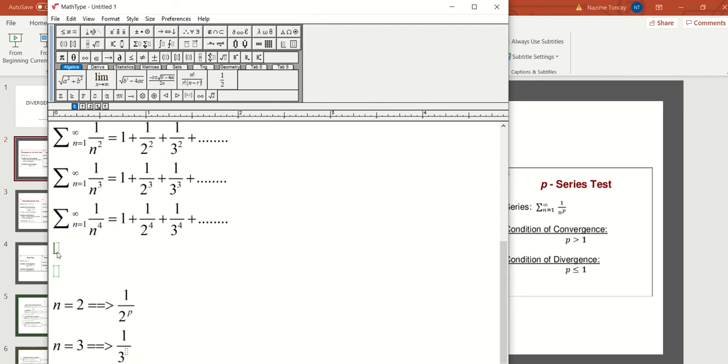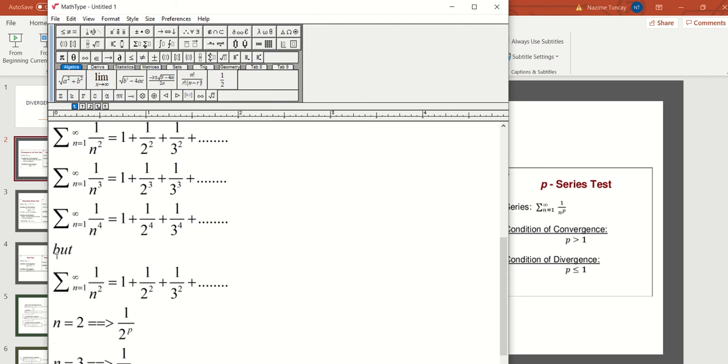When these numbers are smaller than or equal to 1, even 1, it diverges. For example minus 1 diverges. So you must be able to interpret this.